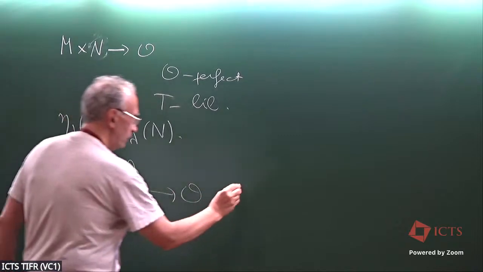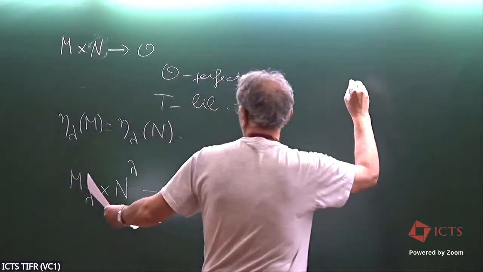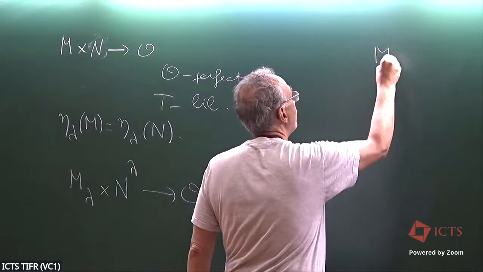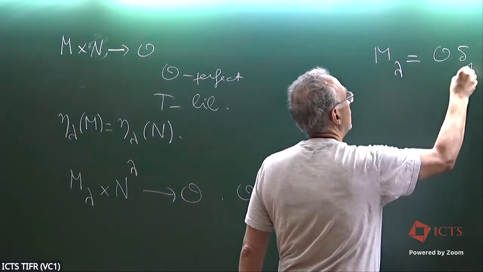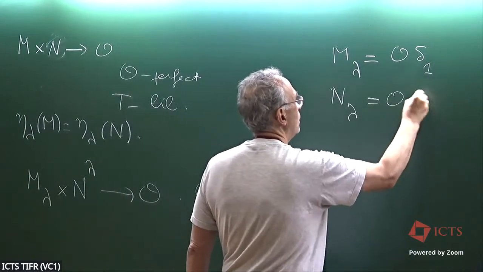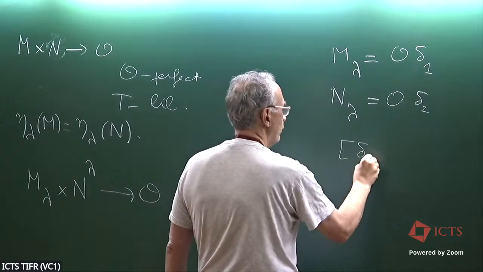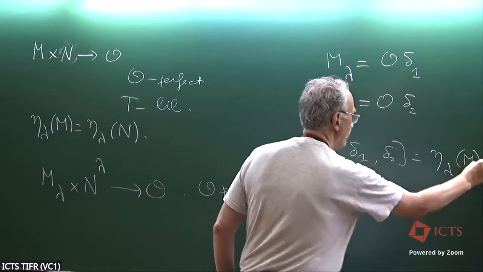And the corollary of this was that if you take a basis of M lower lambda and a basis of N lower lambda, then the pairing of these two elements was eta lambda of M.